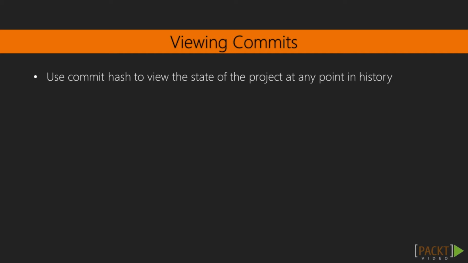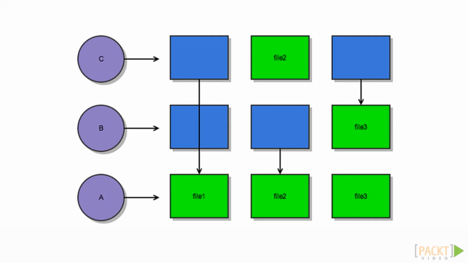To understand this, let's take a look at how the Git database works. In this diagram, we see a Git history made up of 3 commits, A, B, and C. In the initial commit, we checked in 3 files, so the database entry for this commit must contain all of them. In the second commit, only the 3rd file was changed, so this entry will contain the updated contents of the changed file, but instead of creating duplicate entries for the other files, Git will add a pointer to the previous commit.